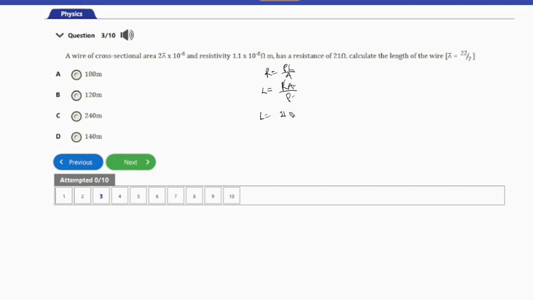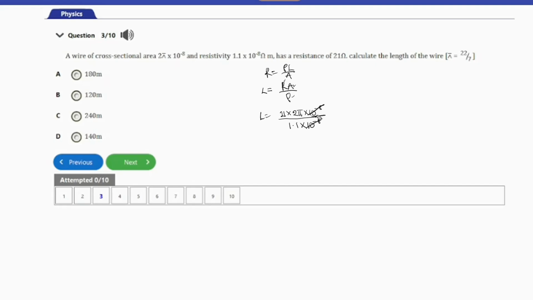So we are going to plug all these things in, and then we'll get the length of the wire, as simple as that. So resistance, which is 21 ohm, times the area, which is 2 pi times 10 to the power of negative 8. So pi is given as 22 over 7. Then this is over 1.1 times 10 to the power of negative 8. That's the resistivity.